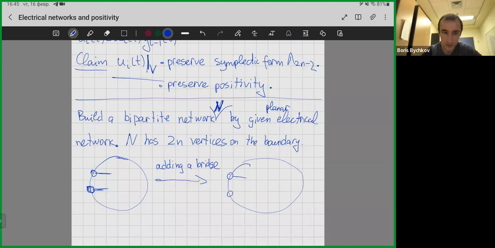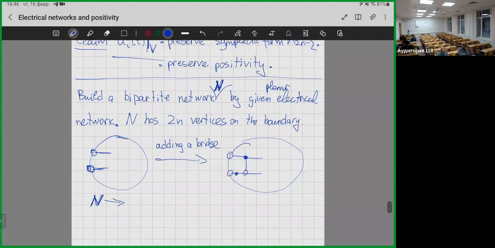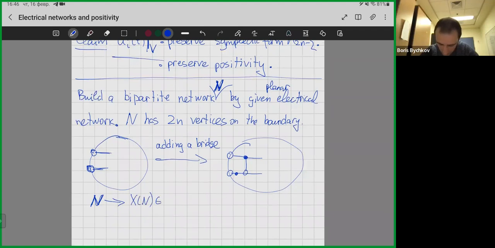And by this bipartite network we can also construct a point of the Grassmannian, x of n, and in terms of this x of n, adding a bridge means multiplication by this U.